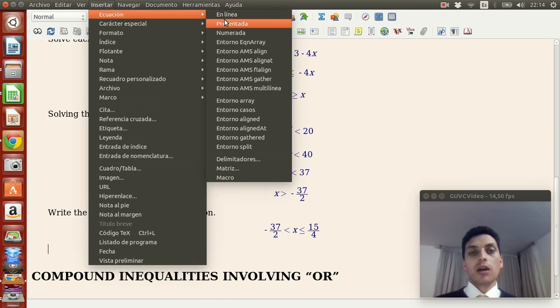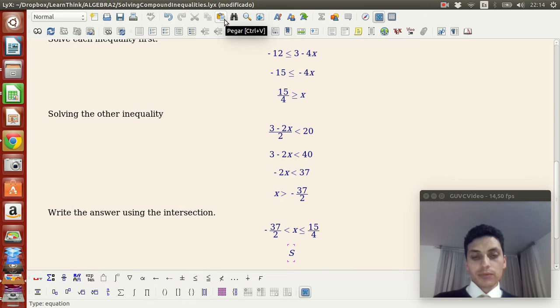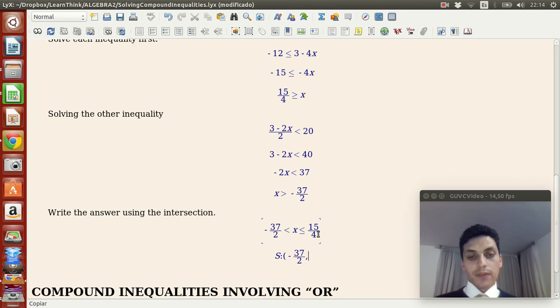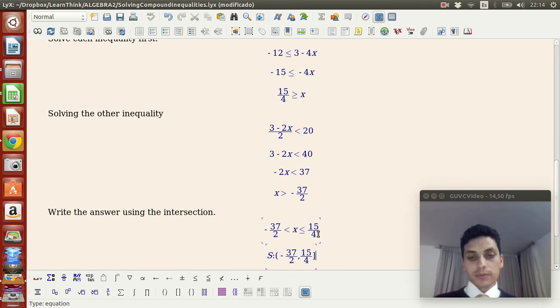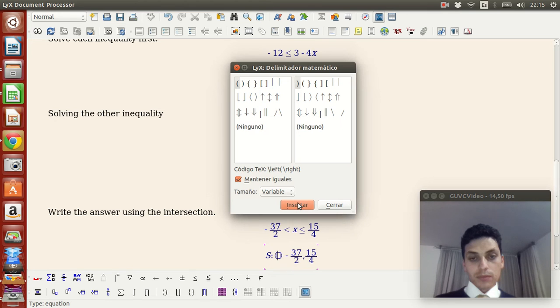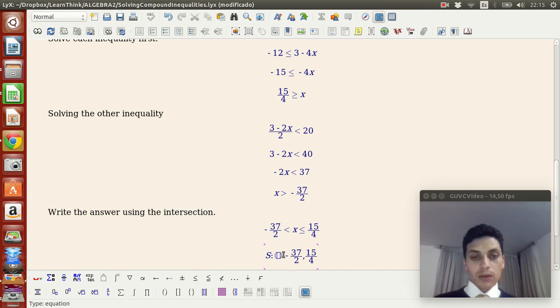Let's write the answer using intervals. The solution interval is, this is open, so open parentheses, minus 37 halves, comma, 15/4, and we can close it. Let me write an appropriate parenthesis.